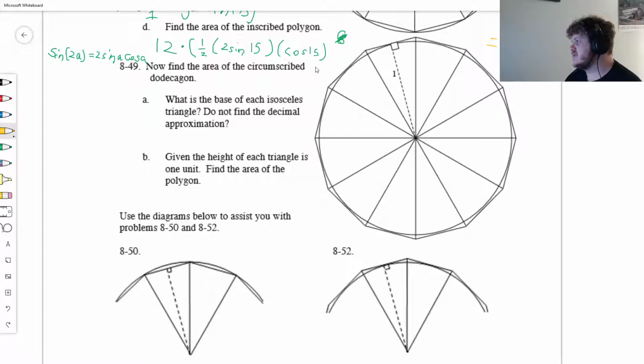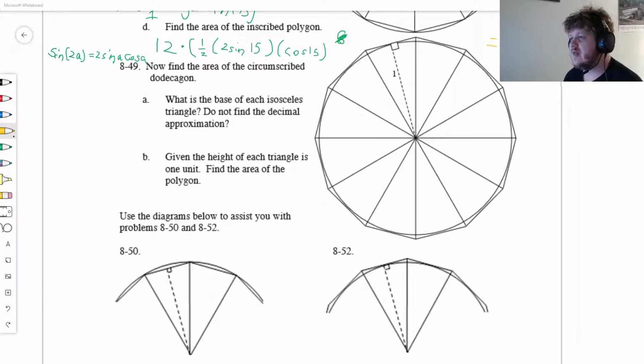I suppose we could. Yeah, that makes sense. Alright, so the base of each isosceles triangle, actually, hold on a moment.